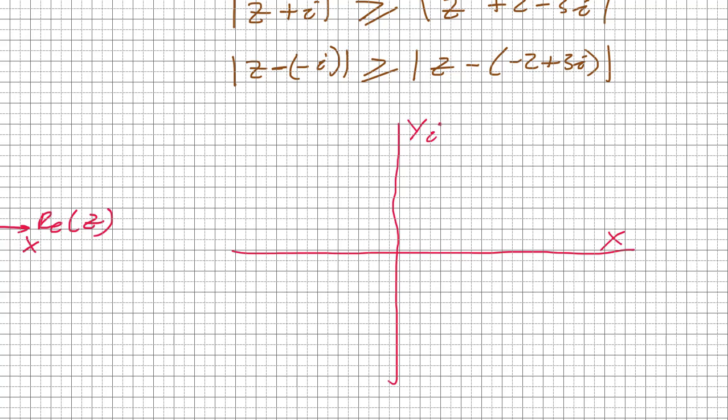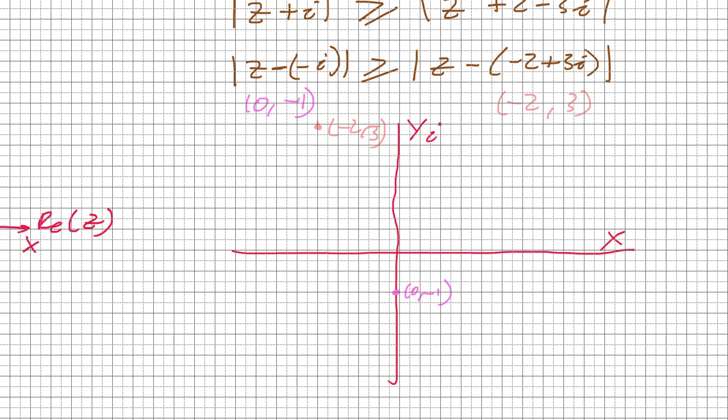Our first point has no real part and a negative 1 imaginary part, so it can be the point down here, (0, -1). Our other point is -2 real and +3 imaginary, so it will be somewhere up here.